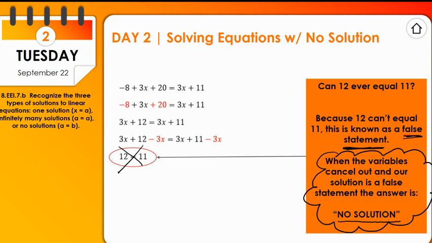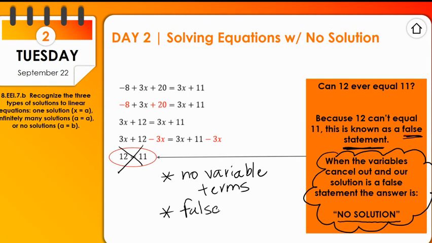So the criteria for no solution: no variable terms, and a false statement. When I have no variable terms and a false statement, your answer will be no solution.